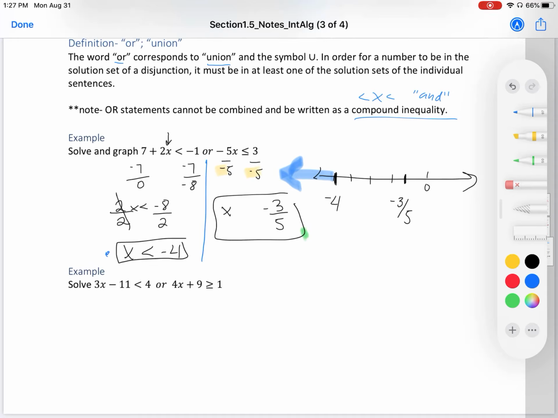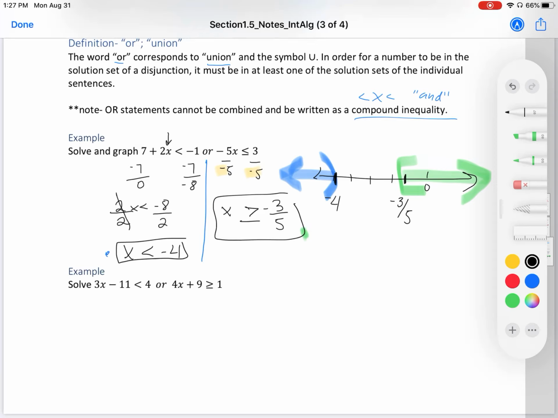It should have flipped. So that should have been a greater than or equal to. So x is greater than or equal to, so it goes the other way. And our first statement has a parenthesis, the second one has a bracket.